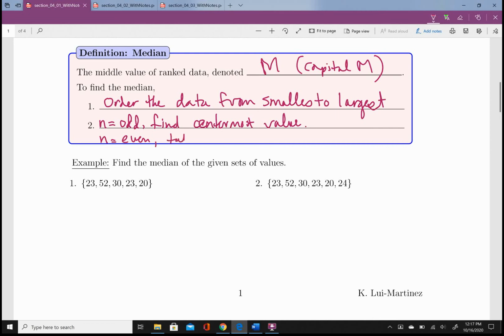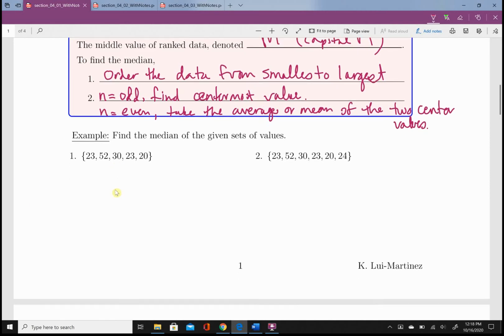Take the average or mean of the two center values, which would be adding them both together and dividing by 2, because both means 2 of them. Okay, cool. Now let's go ahead and find the median of the given sets of values.